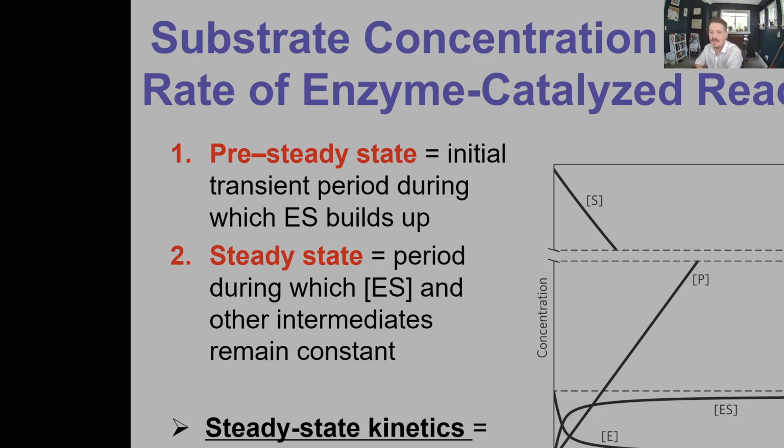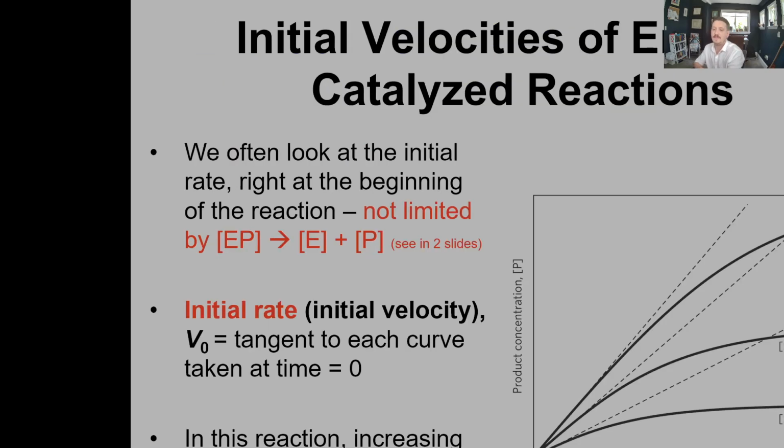And so we can now take that and put it into this second graph, where we look at the product made over time. So that's going to be velocity. And if we look at the velocity at a low concentration, a medium concentration, and a high concentration, you'll see that it reaches steady state quite quickly.